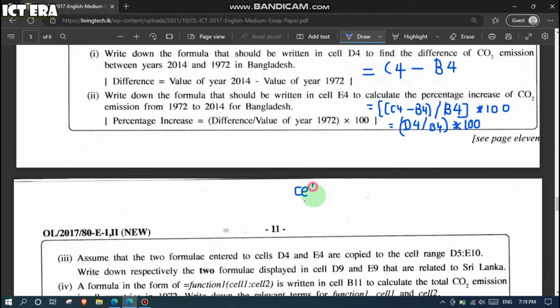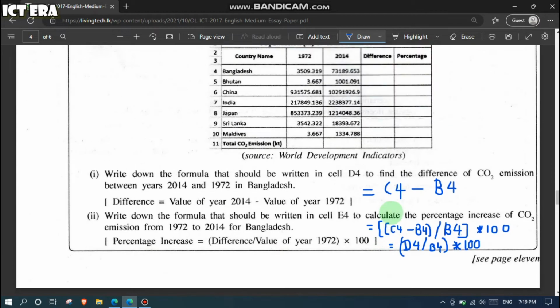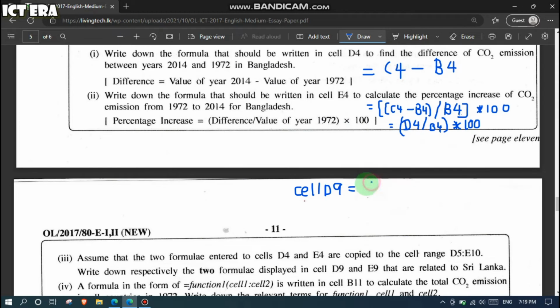For cell D9, equal what? C9 minus B9. And then again for cell E9 we can represent it in two ways.